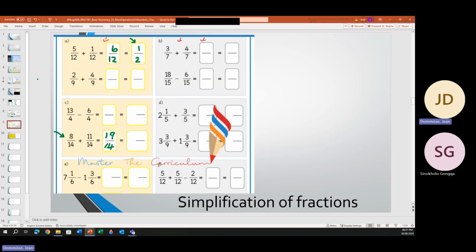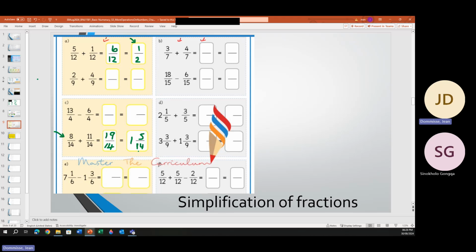So 19 over 14: 19 minus 14 is 5. So I will have 1 and 5 over 14.